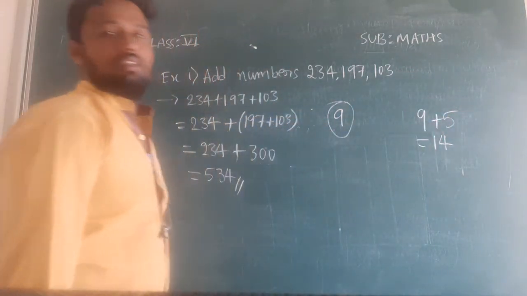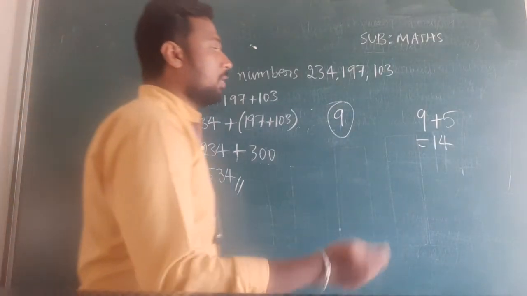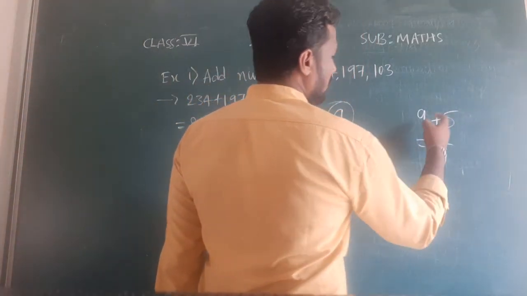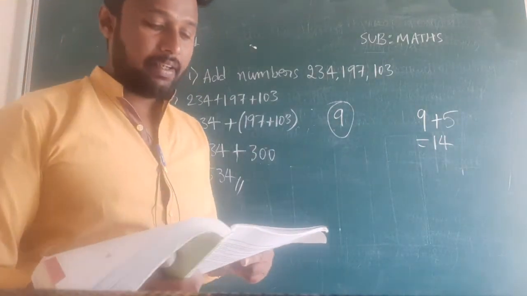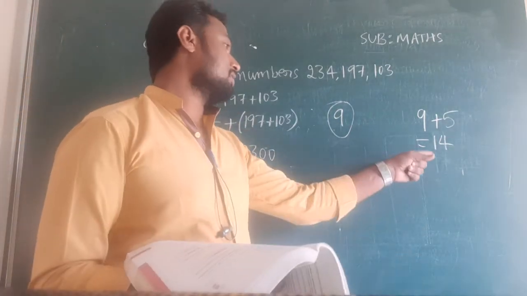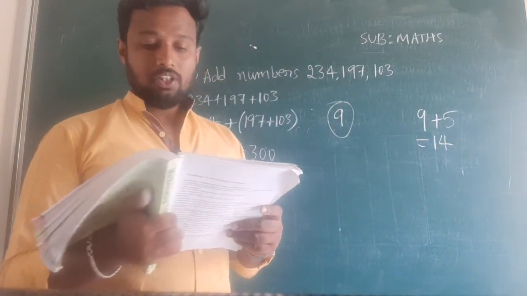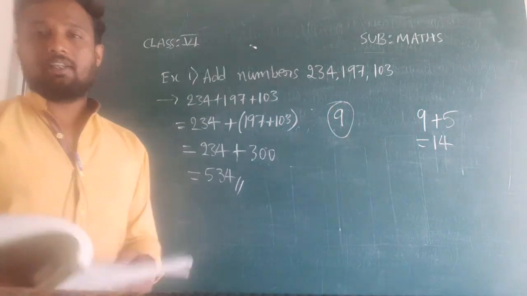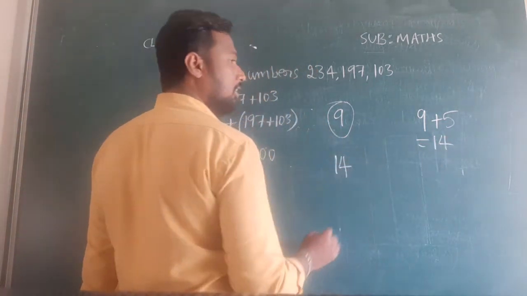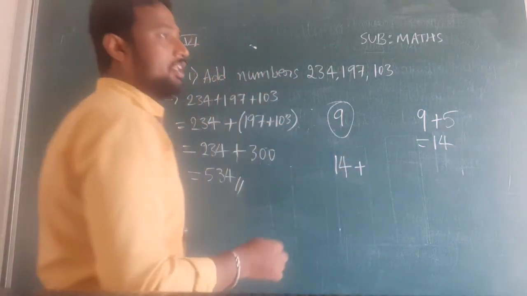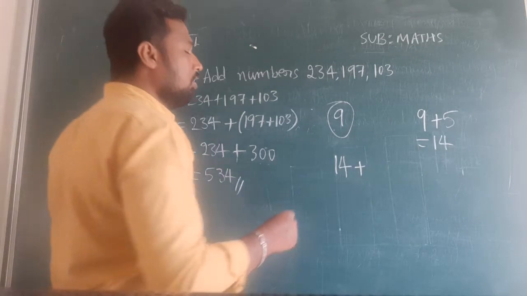He may add any of the number from 1 to 10, so here I consider 5. So 9 plus 5 means 14. After this, again it is your turn. You both play alternately. So after getting this 14, you have to add any of the number again from 1 to 10.